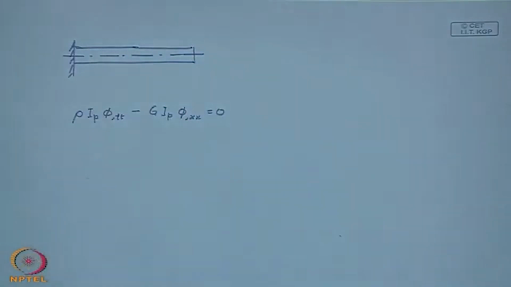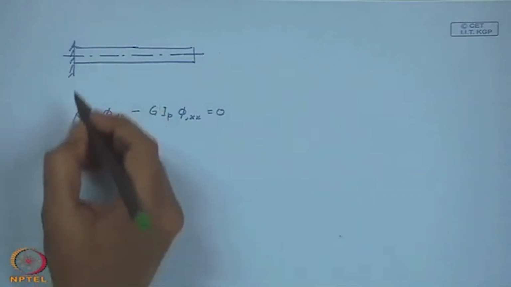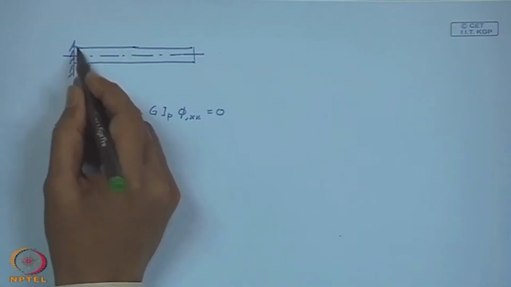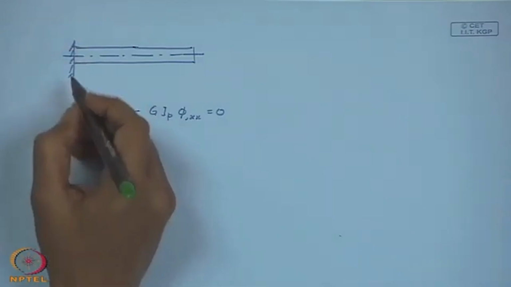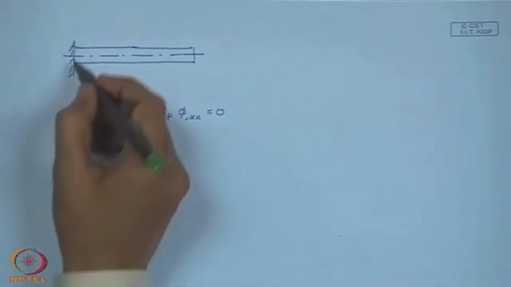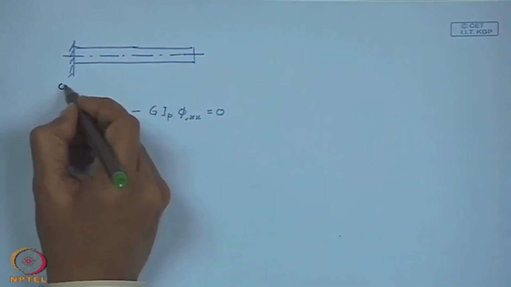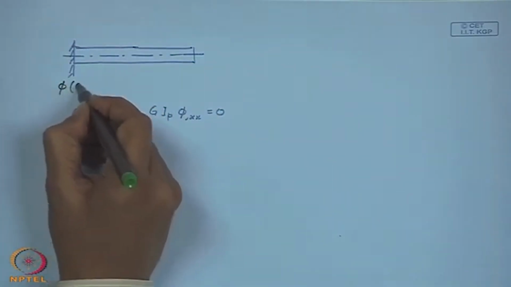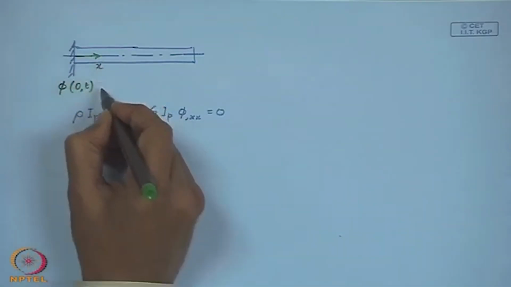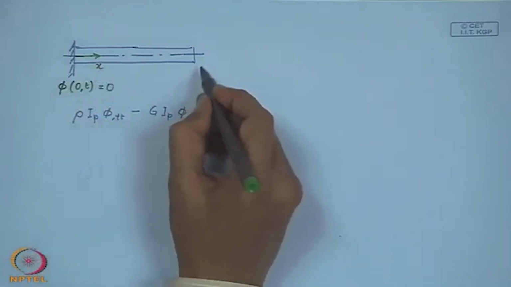Now, the boundary conditions for this problem, which will complete the description of the physical situation. So, here this bar is connected to the wall, and therefore this end of the bar cannot have any rotation. So, this again is a geometric boundary condition.